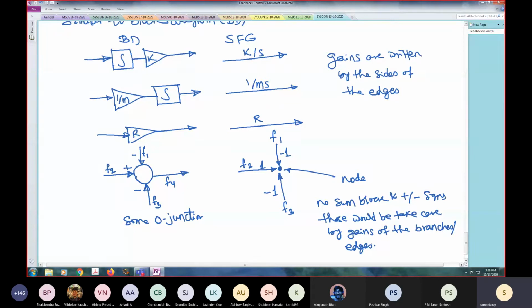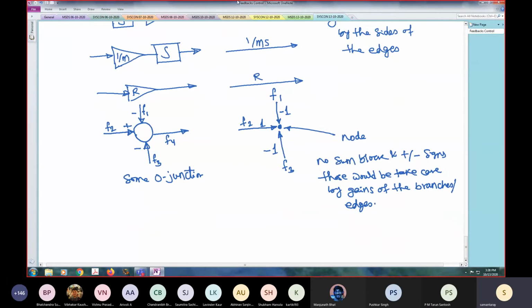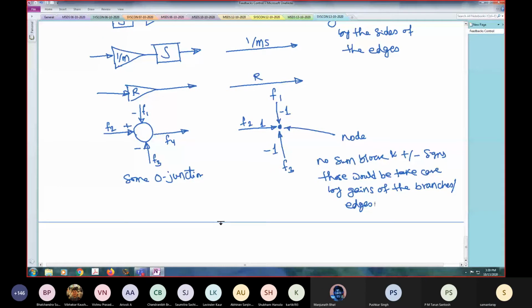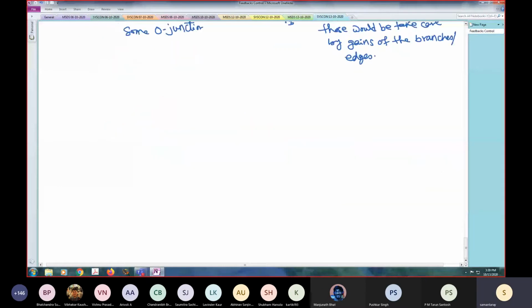So I will show you one signal flow graph, let's say for that same spring mass damper system. Let me draw its bond graph also so that we directly do it from the bond graph without going through the block diagram.